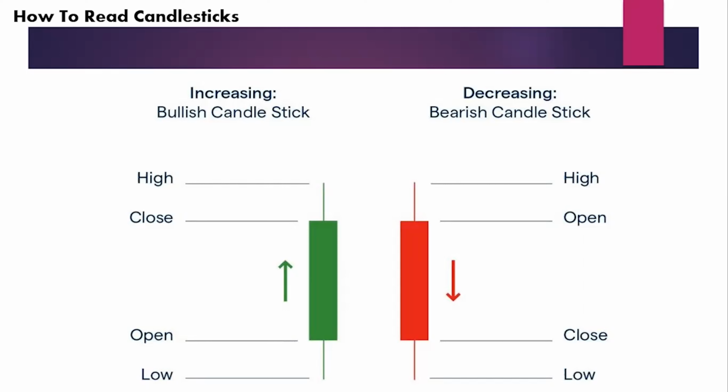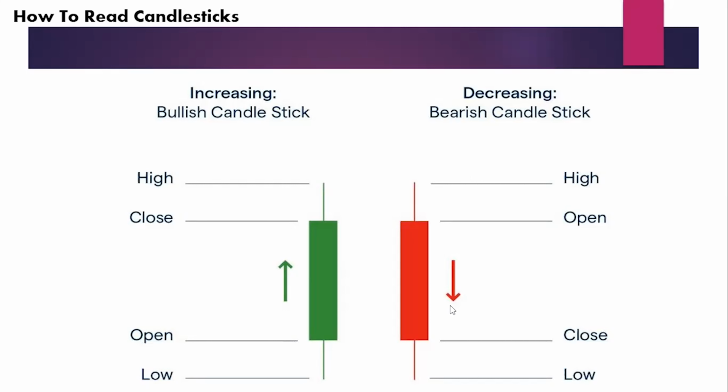So it opened at 1,500, and then towards the closing time, once 1 o'clock hit, that candle closed at 1,100. So it opened at 1,500, that's very high, but when it closed, the candle closed at 1,100.